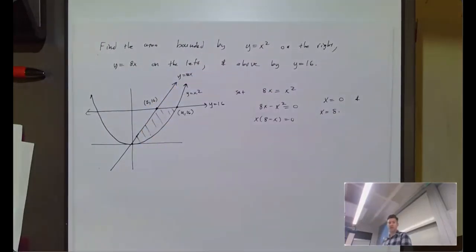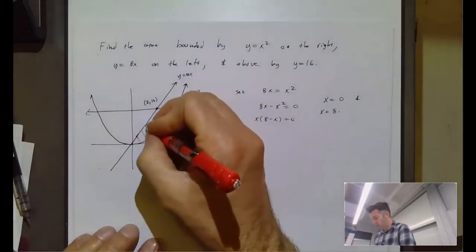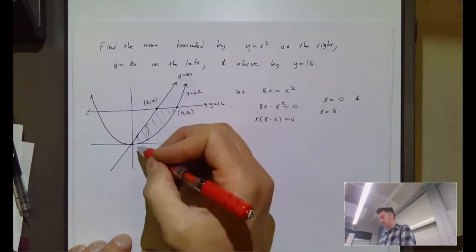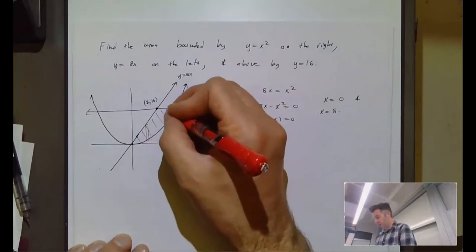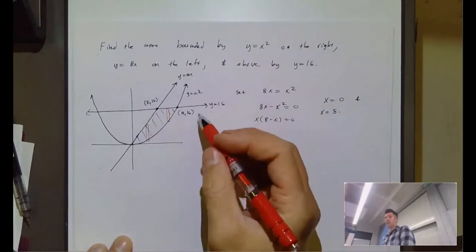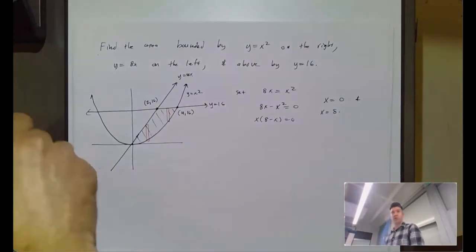And so if I'm going to try and find the area using vertical cross sections, I'm going to have to do two integrals, because over here, the top function is 8x and the bottom function is x squared. And over here, the top function is 16 and the bottom function is x squared. That's doable. It's just we have to use two integrals.